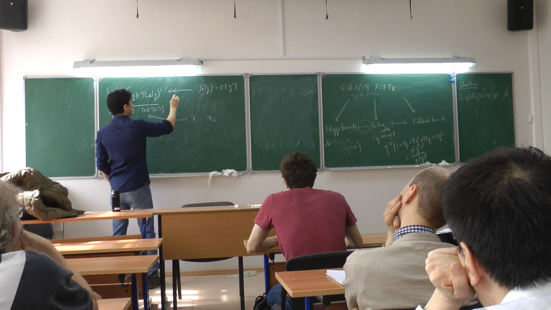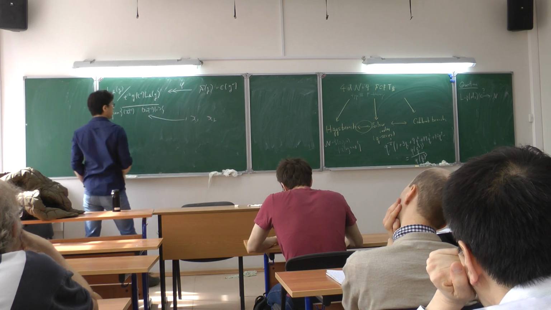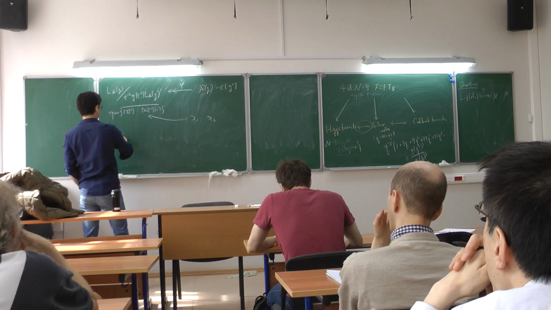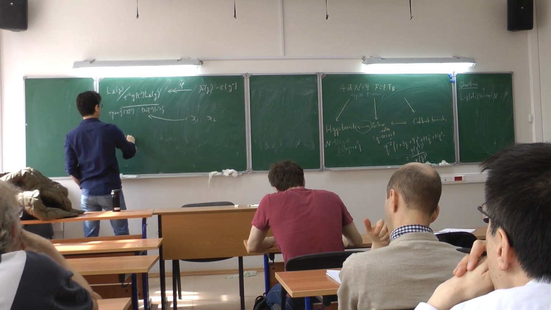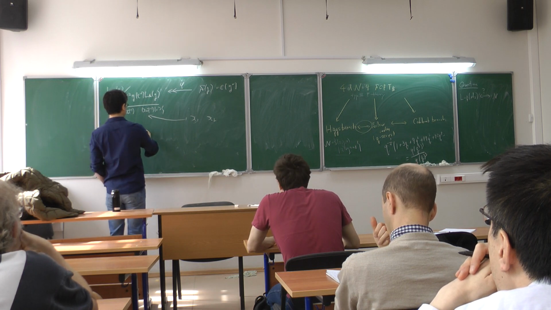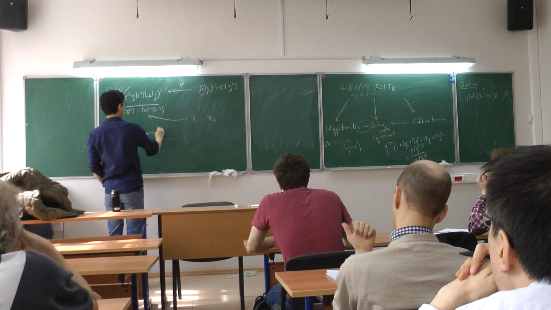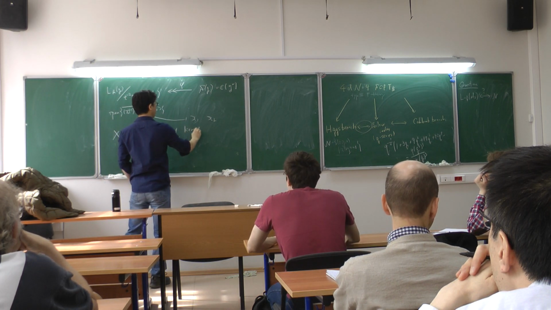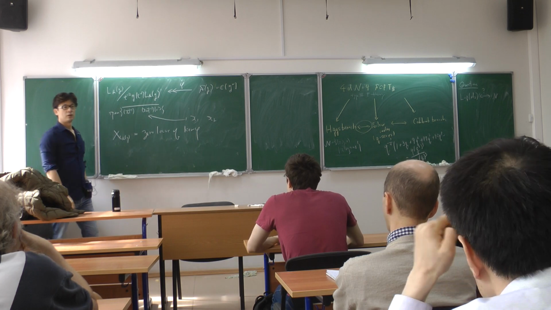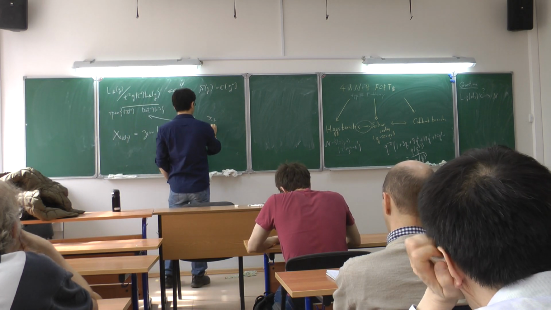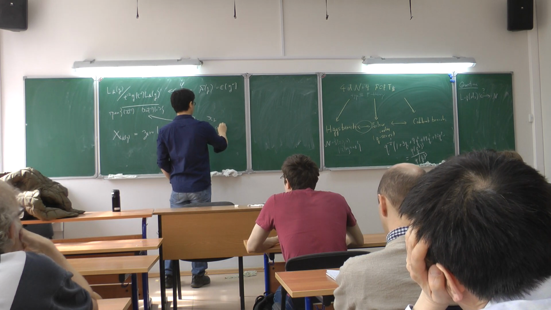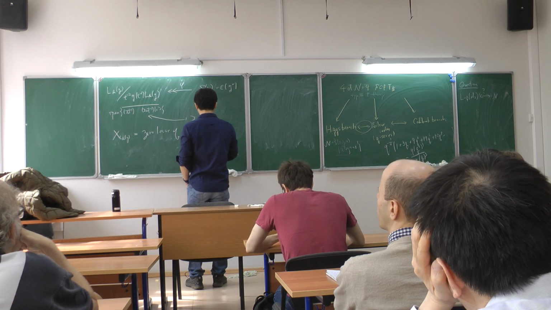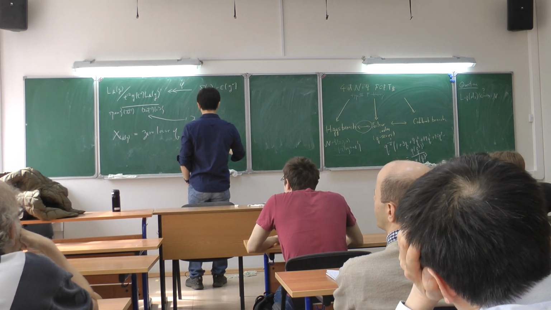So if you denote this map by phi, then we can consider the following variety. It can be defined as the zero locus of the kernel of this map. And this sits inside g star by definition, which is G-invariant and conic.